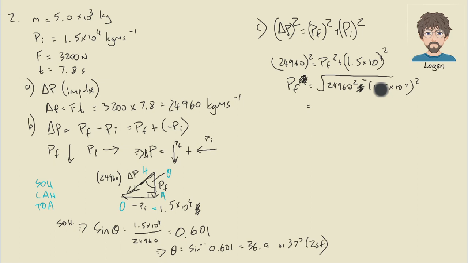And this time I get something more realistic. 19949, which is 20,000 kilogram meters per second to two significant figures. Now you can reframe that as 2 times 10 to the 4. It's actually 2.0 times 10 to the 4 kilogram meters per second to two significant figures.